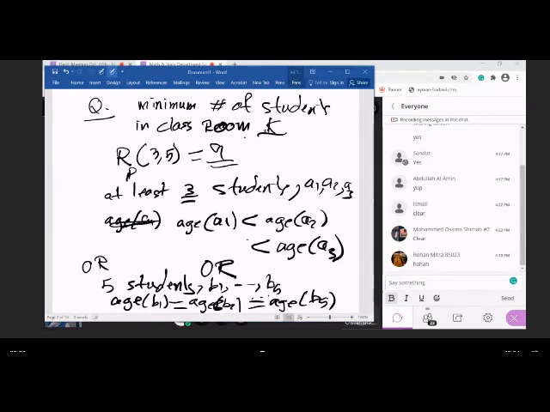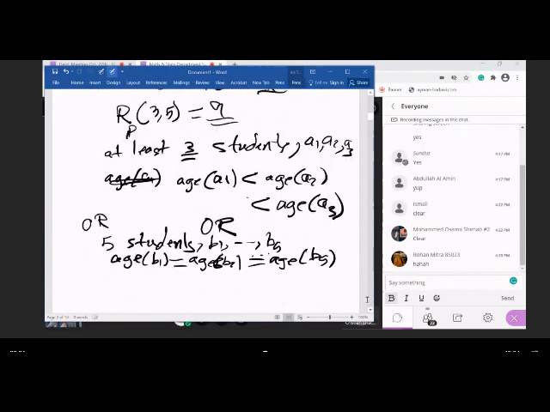Maybe I can give you a minute or 2 minutes, and maybe a good student here can tell me that 8 will not work. Let's construct a case where this cannot be right. With 8 students, let's have reasonable ages: 20, 20, 20, 20, and then 21, 21, 21, 21.